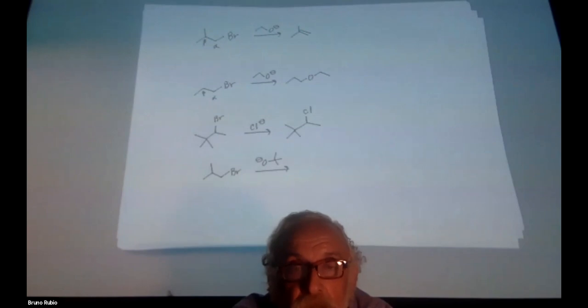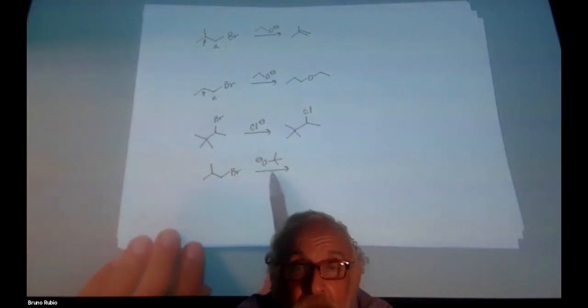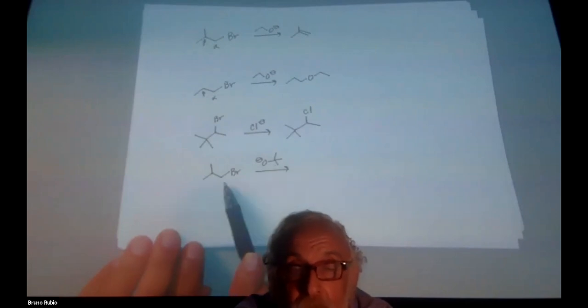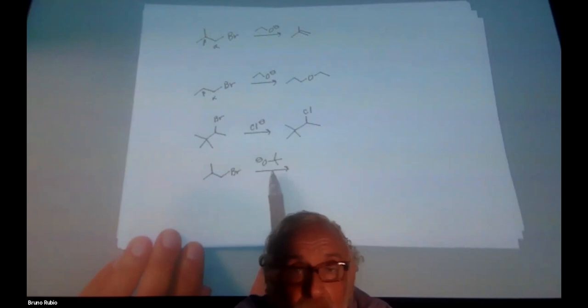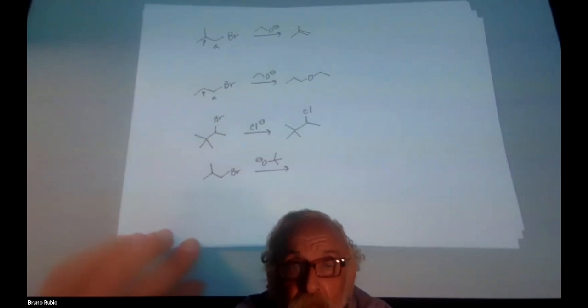So that t-BuO minus, that's tertiary butoxide, that's this guy here. Primary substrate, beta branching, sterically hindered nucleophile. What else could go wrong for substitution? Right, so there's no way this is going to be a substitution reaction.